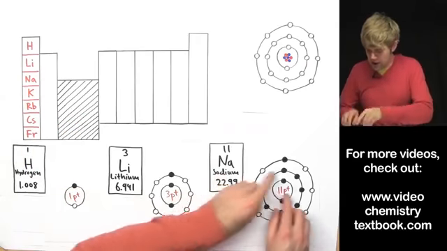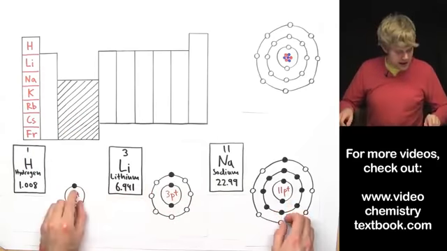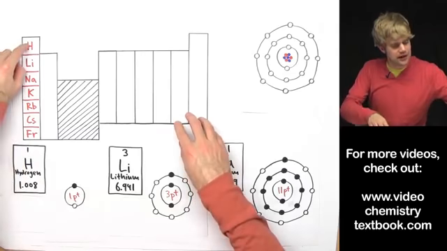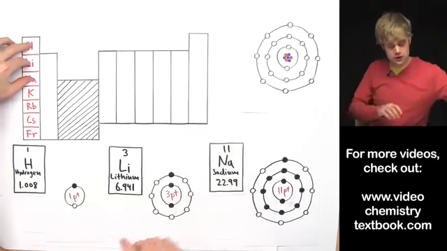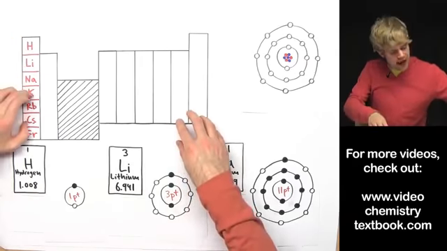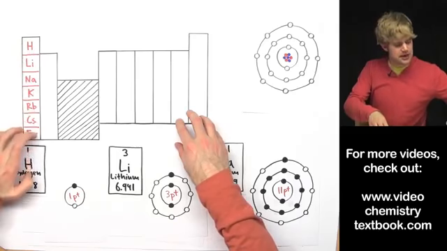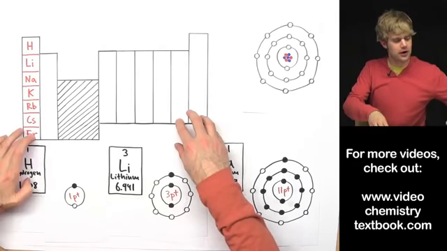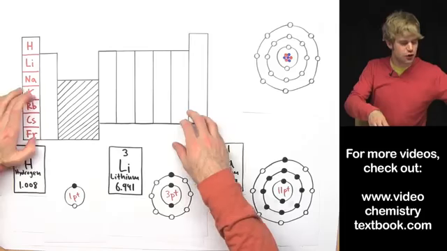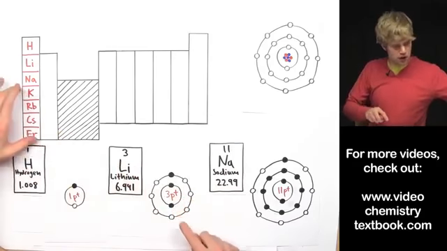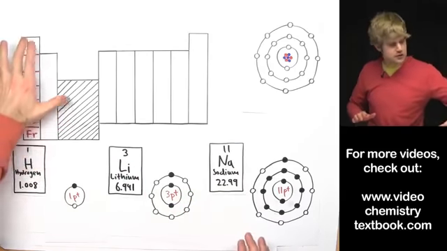So there's a pattern: each one of these atoms has 1 valence electron. That's true not just for these first 3 atoms, but for every one of the atoms in this first column in the periodic table. I didn't want to do the electron structures for all of these others, but just trust me that they all have 1 valence electron.